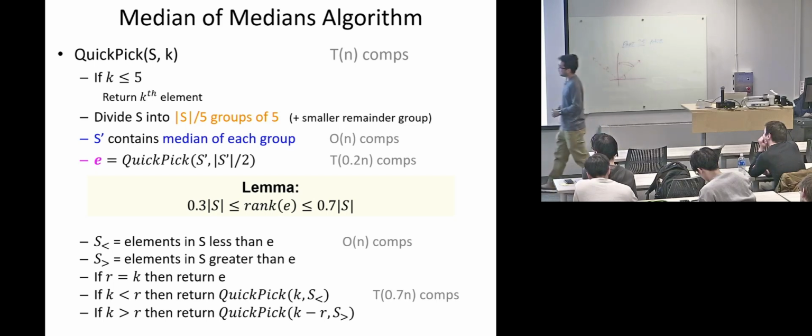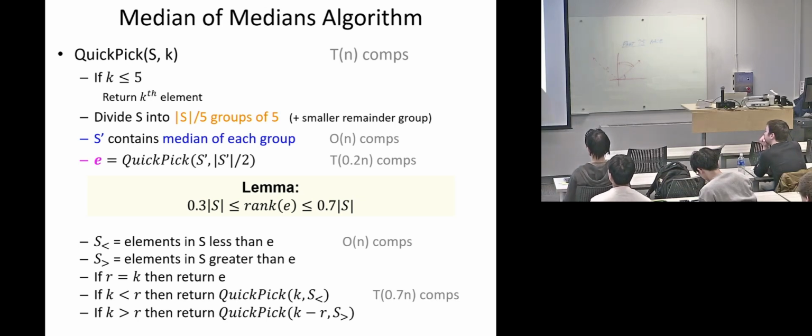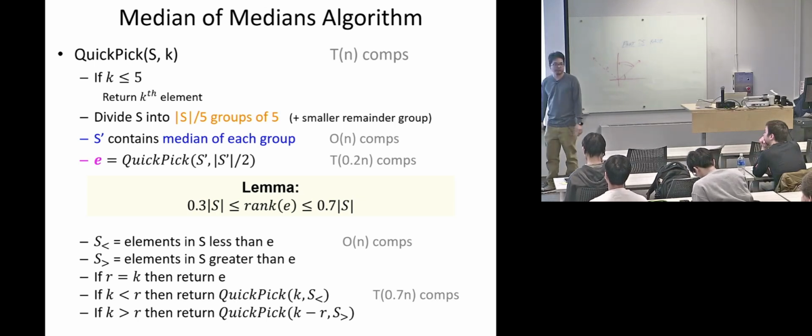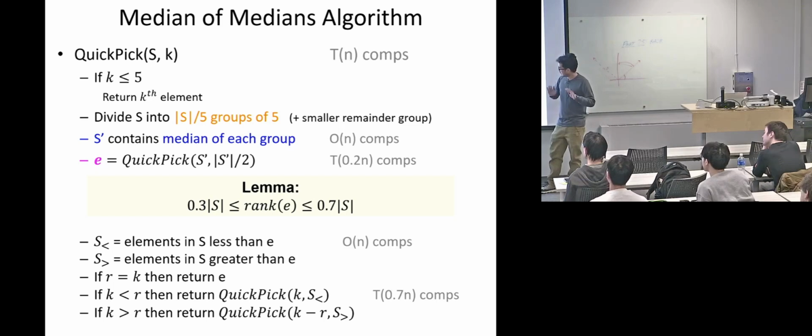Now we know that E is some element that is not the median but works similarly to the median. It's like in the middle. So we just separate the set into 2 parts, S less than and S greater than, and do the same algorithm like before, recursing on both sides. So that's the algorithm, and I hope you are convinced that it's correct.